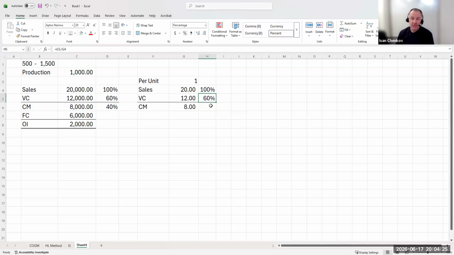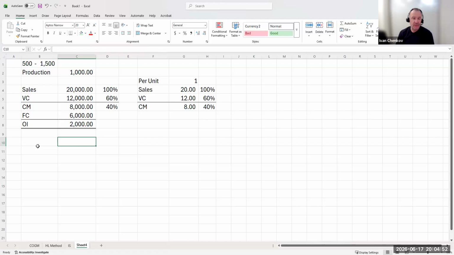Why? Because we're not changing the sales price and we're not changing the variable cost. We're just changing the number of units, which are exactly the same. Once we know that, everything is easy. Then contribution margin is going to be sales minus the variable cost margin, or simply 40%. Done.